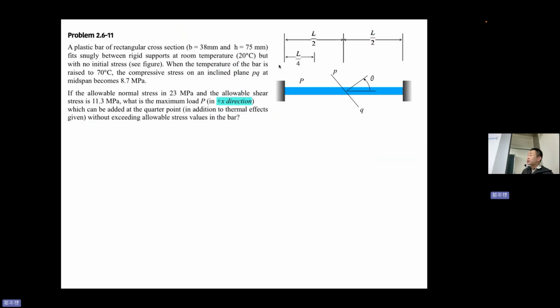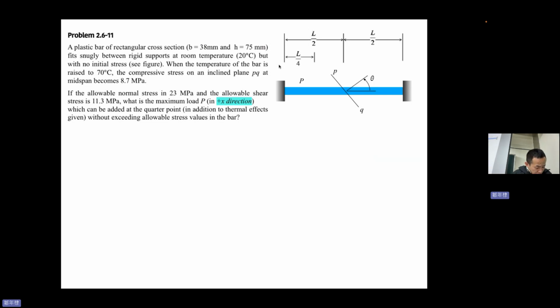Okay, next one, the most difficult one. Problem 2.611. This plastic bar has a rectangular cross section, B by H, and it is fixed on the walls.